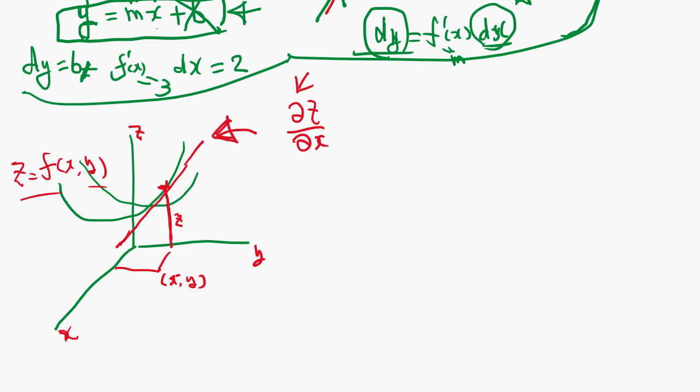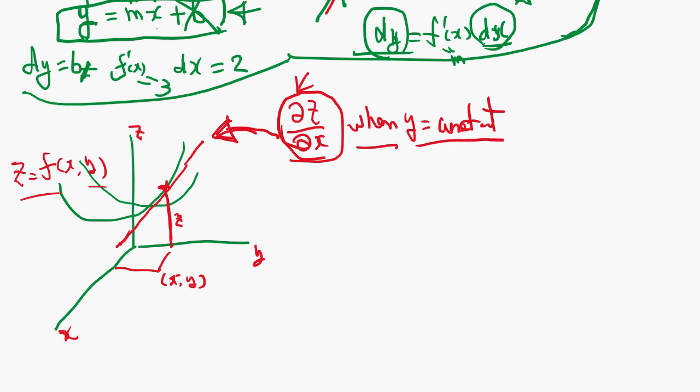Because this is the derivative function when y is constant. Okay, so we define partial derivative. We call this partial derivative when y is constant.